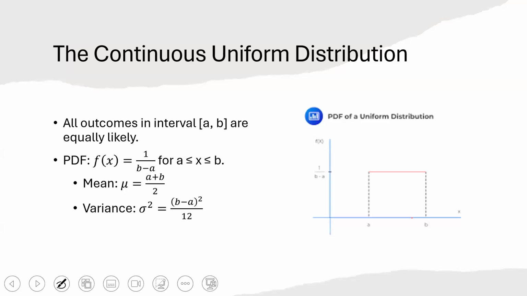The formula for the PDF is 1 over the interval length, b minus a. The mean is simply the midpoint of the interval, so average the endpoints. And the variance measures how spread out the values are.